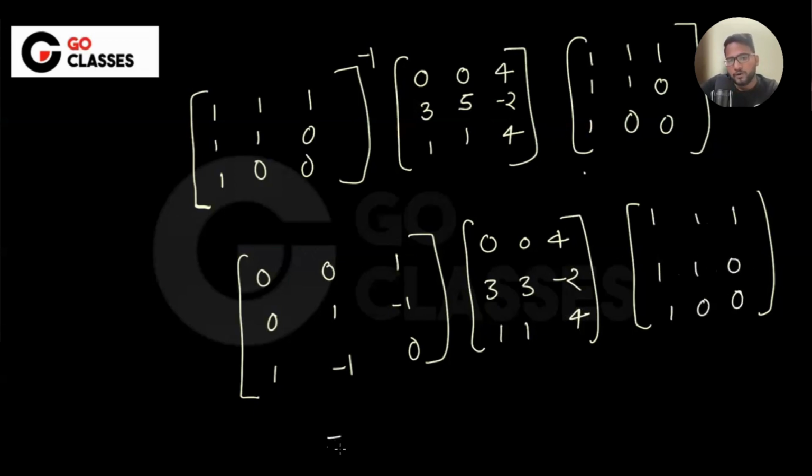Okay. If you multiply, can you multiply and tell me what is the answer you are getting? Okay, this is 3, 5, minus 2, right? Just multiply and let me know what you're getting.